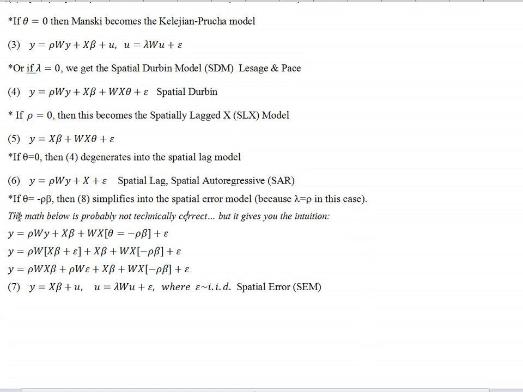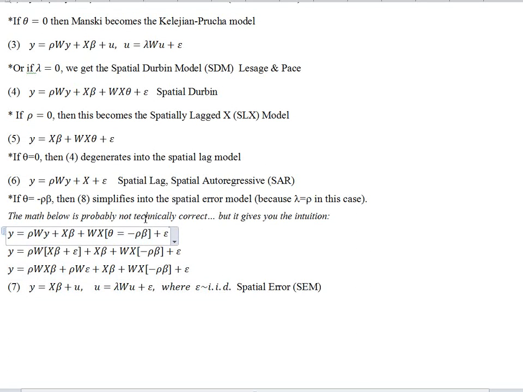Now, here's how to see that. Warning, the math below is probably not technically correct because I am not a matrix calculus or matrix algebra expert. But this is so you can basically see how this restriction gives you just this very simple model where the errors are spatially correlated.